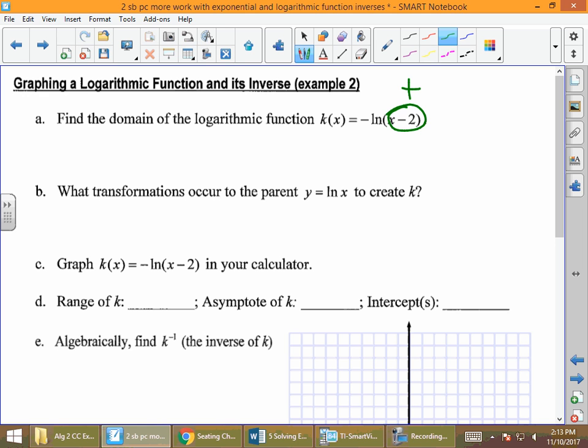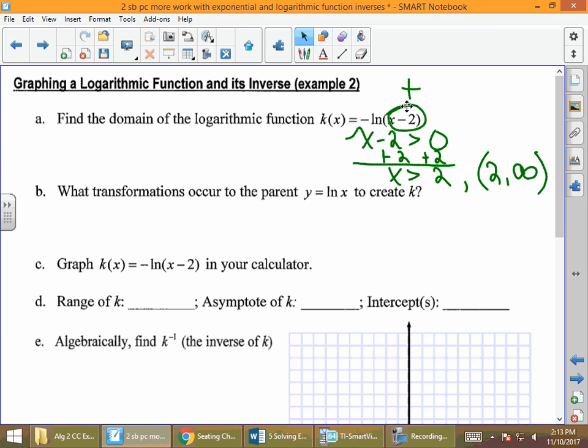So when we go to find the domain, we take x minus 2 and set it greater than 0, add 2 to both sides, and we get x is greater than 2. If you want to leave it in that format, leave it in that format. But here's the interval notation.